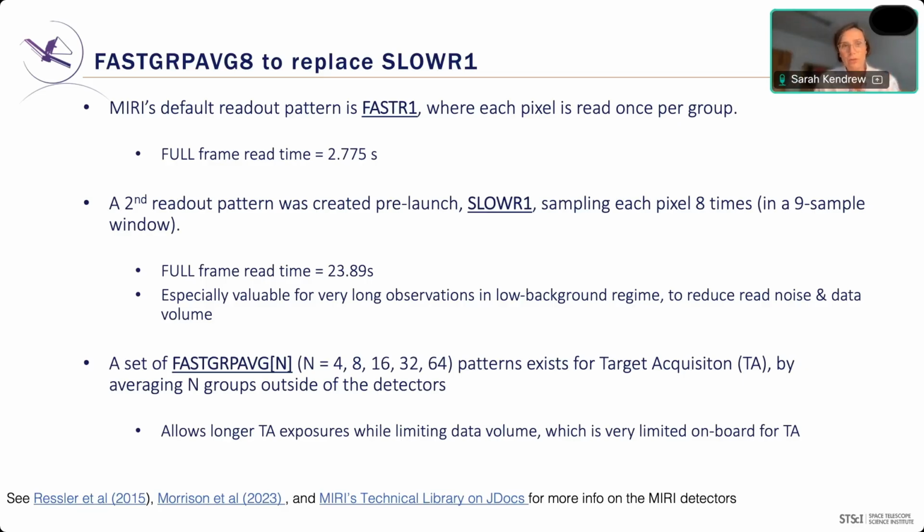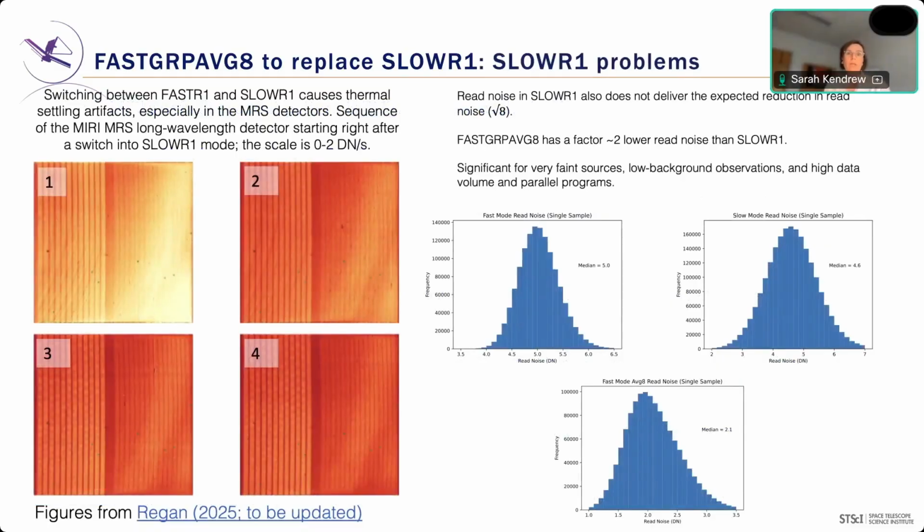They do fast reads like the fast R1 mode, and then the frames are averaged outside of the detectors. So the effect is a little similar to slow R1, but the way it is technically implemented is different. We have a lot of literature on exactly how our detectors work. I've listed a few papers there, and we also have a page on JDox with lots of technical reports and papers about the instrument.